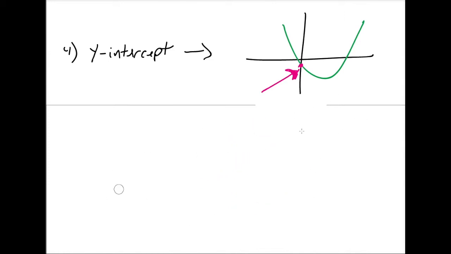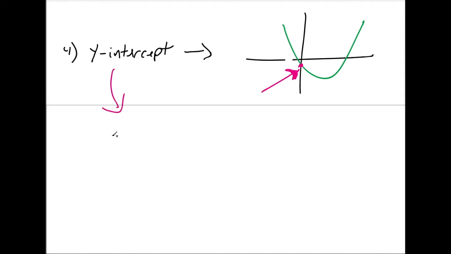All right, so y-intercept is right here. What's the x-intercept? On the x-axis, where the lines meet. Yep, right there and right there. But to find the y-intercept, all you do is you set the opposite letter equal to 0.